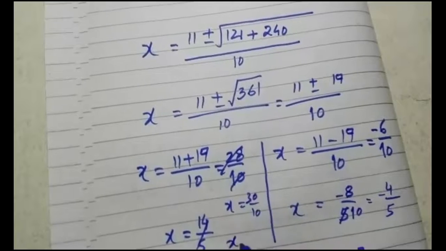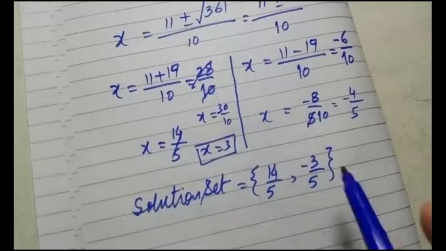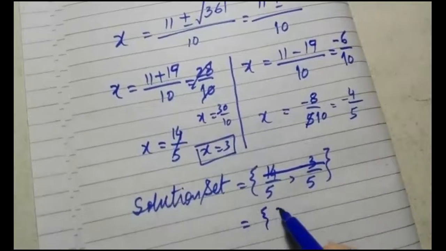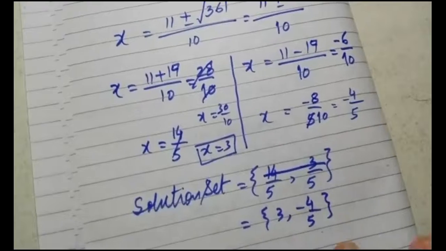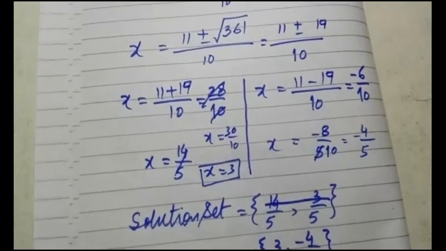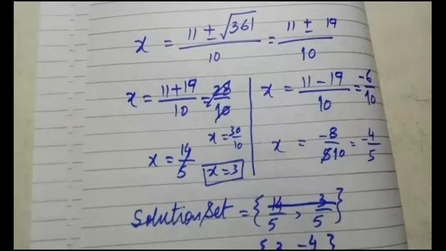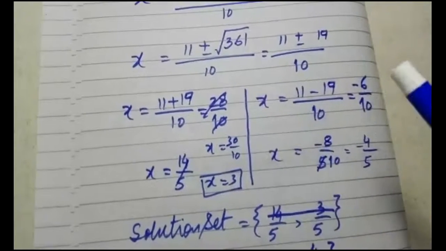That means x equals to 3. So the correction will give me, this will not be the solution. The solution set will be 3 comma minus 4 by 5. Okay, this is how you will finish the question. 361 radical sign, or the under root sign, should be 19, and then we will simplify it further.